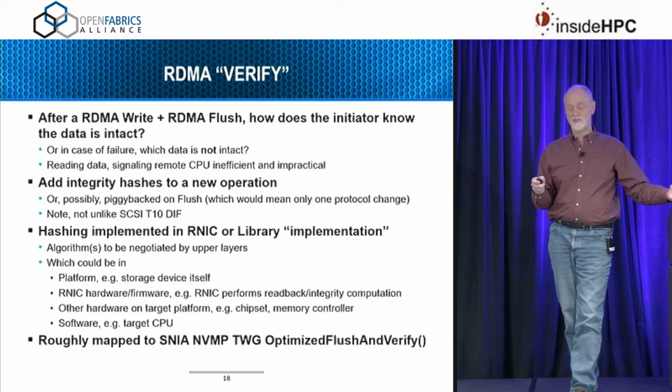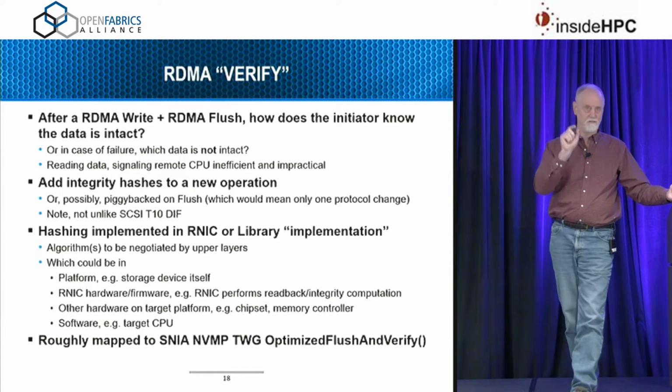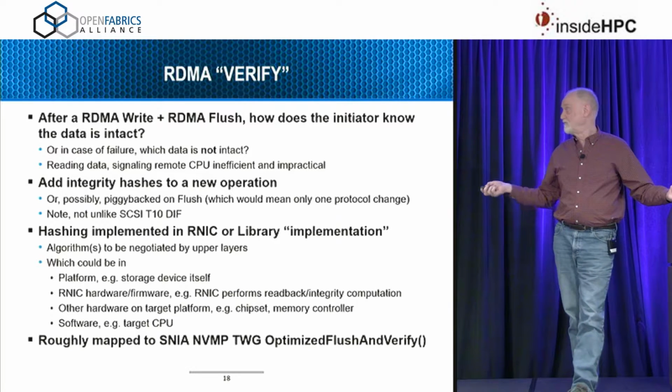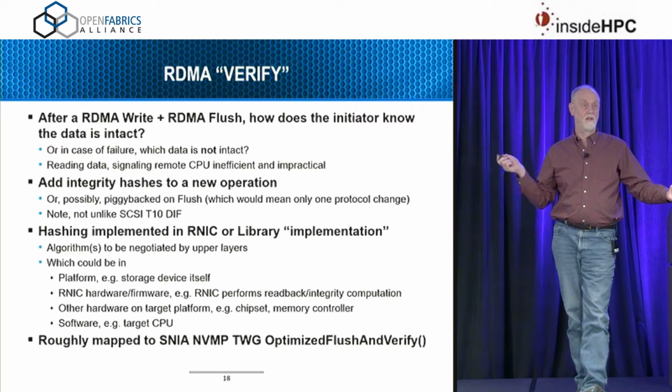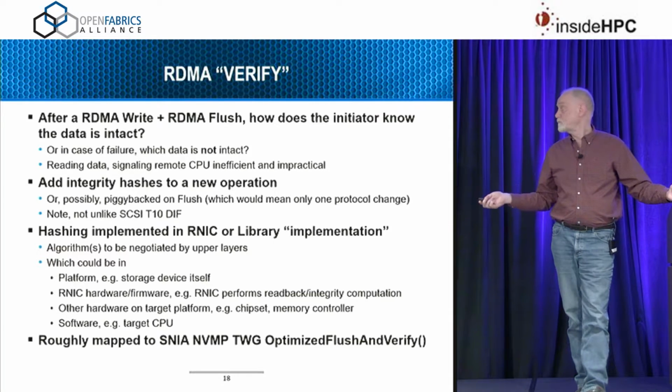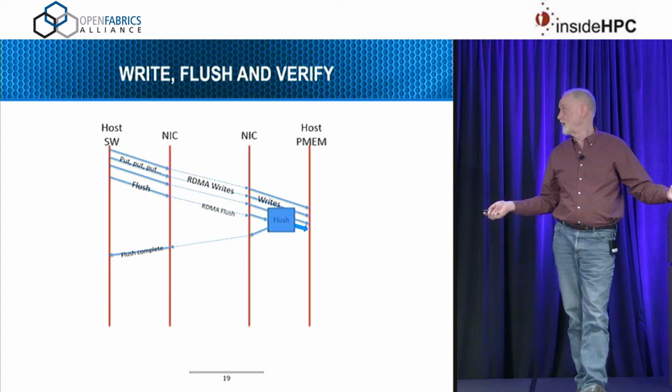NICs. And so I argue that it's really, really important to get to the final goal of this, to have a verify operation. And I've defined some of the verify semantics here, but it basically hashes the result. And if the hashes don't match, that's a failed verify. Here's a little picture of it.